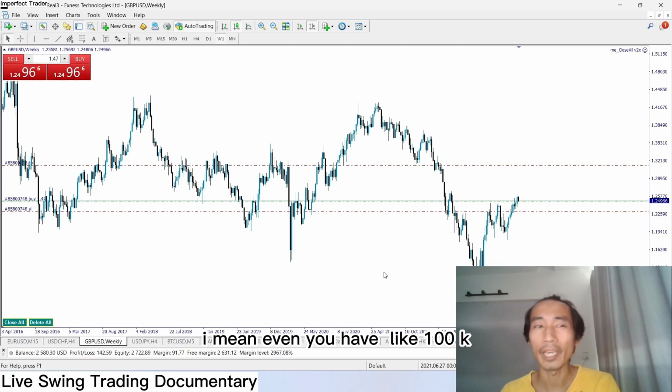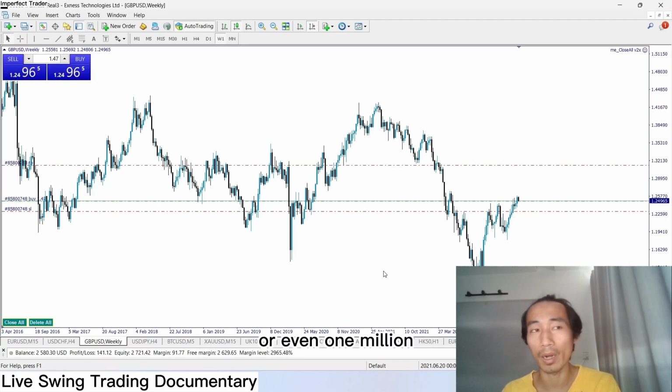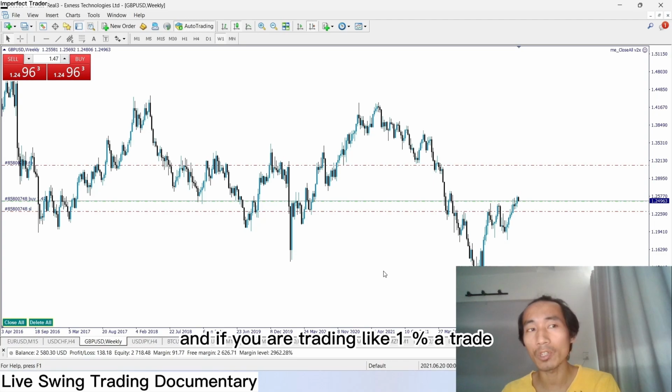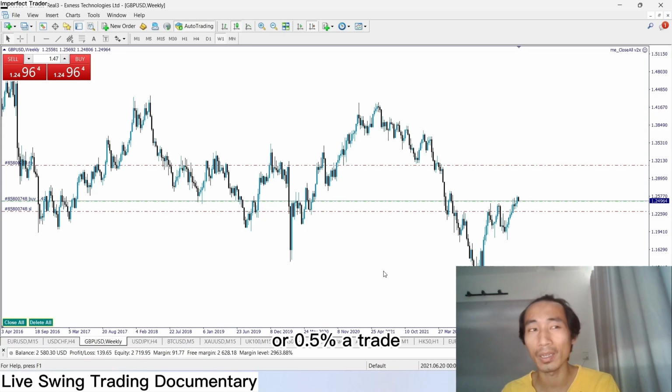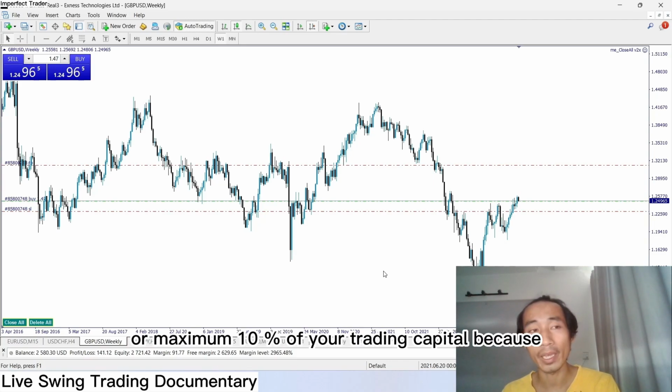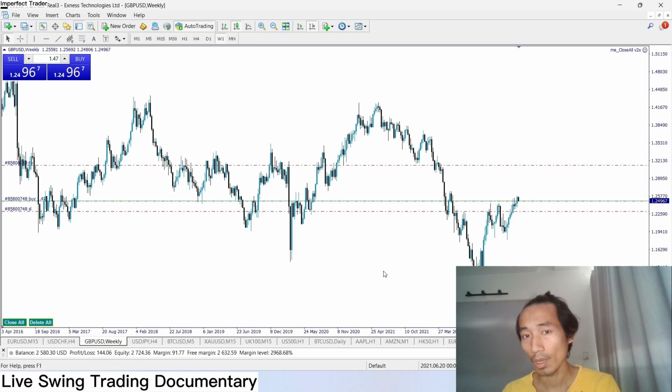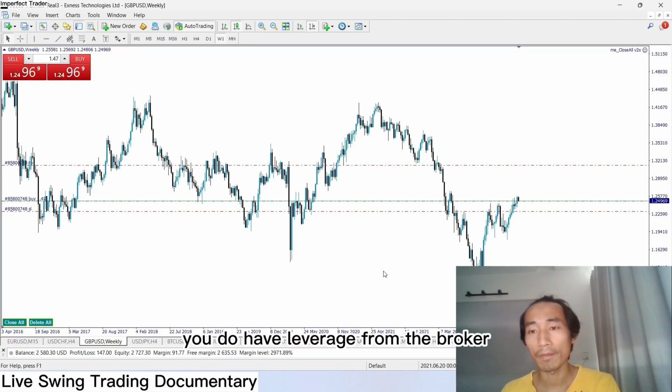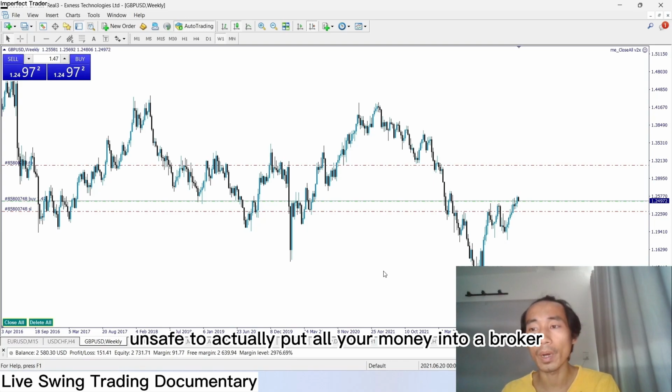Even if you have 100k, 200k, or even 1 million, and you are trading 1% a trade or 0.5% a trade, you should probably deposit only around 5% or a maximum of 10% of your trading capital, because you have leverage from the broker, and it's very unsafe to put all your money into a broker.